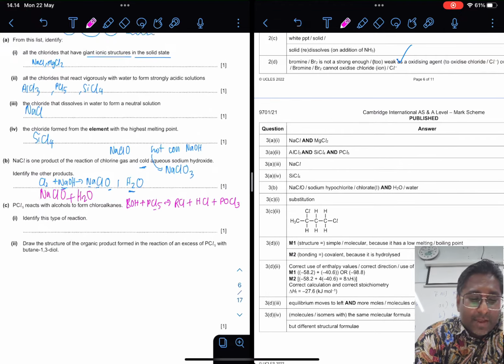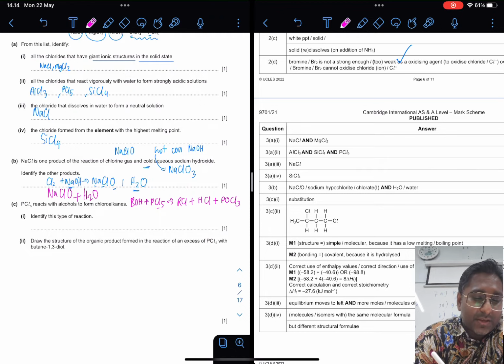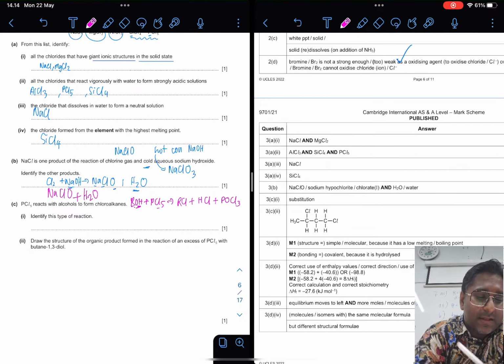Identify this type of reaction. Yes, it's a substitution. The OH is substituted by Cl, so substitution. Or you can write nucleophilic substitution also.